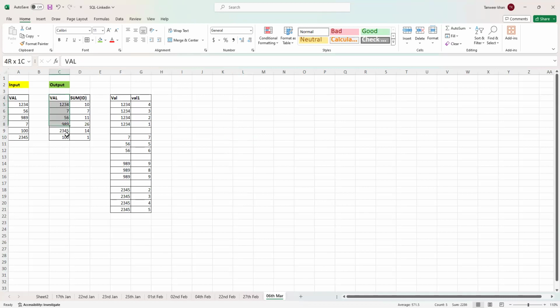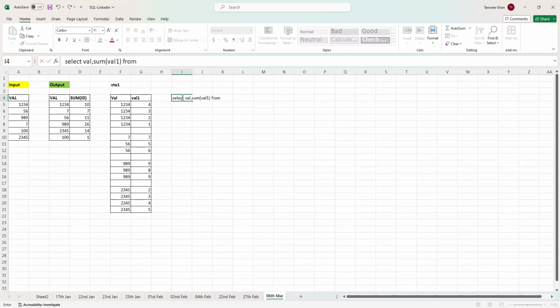Now, suppose this data, val1, this input table, if I'm able to split this in this format, and let's say this is the CTE1 table, then what I'm planning on top of it, I will write a query: select val, comma, sum of val1.